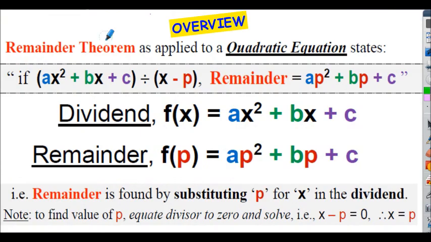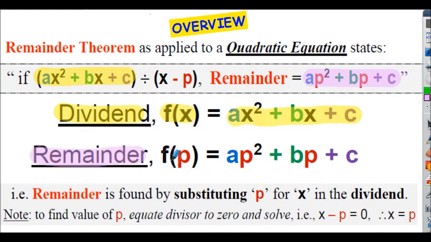So, an overview: our dividend is in the form of a quadratic expression, ax squared plus bx plus c, and our remainder is of the form ap squared plus bp plus c. In essence, the dividend can be considered a function of x, and the remainder is a function of p.